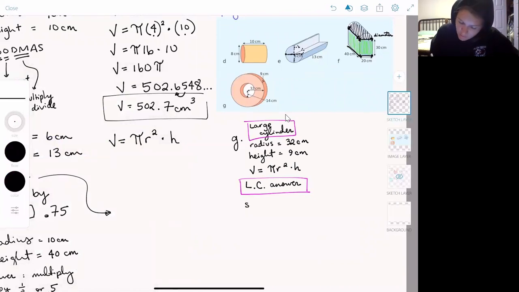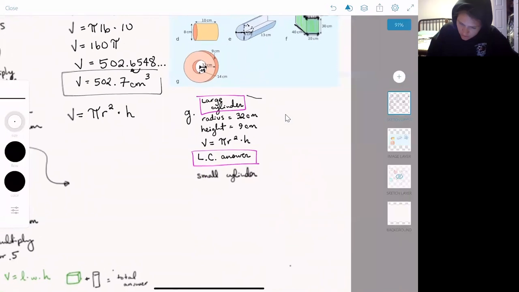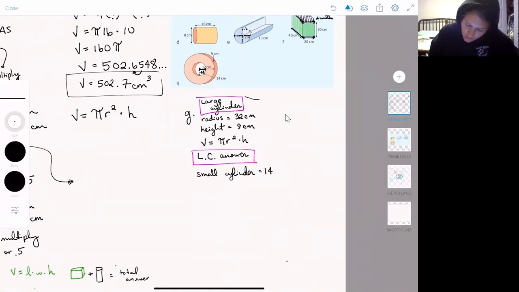Then we also have a small cylinder. So when I'm looking here, what this tells me is that the distance from here to here is 14. And so the radius for my small cylinder is, oh shoot, the radius is 14.